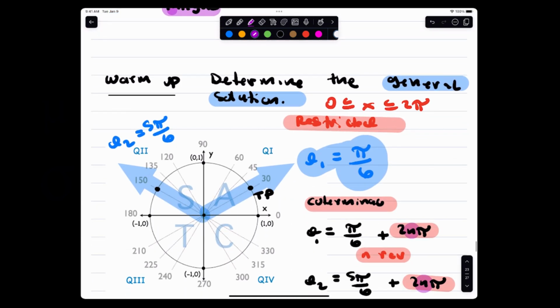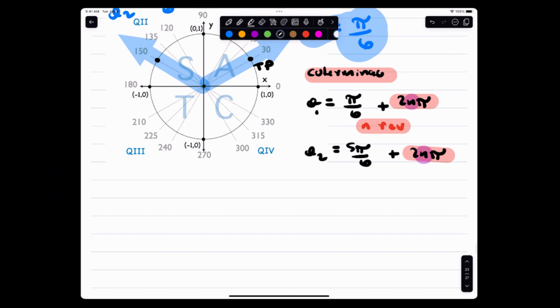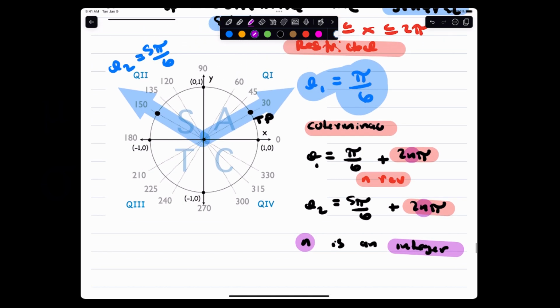So let's take a deep dive here on this. N is an integer. And here we go, ladies and gentlemen. Easy peasy lemon squeezy.